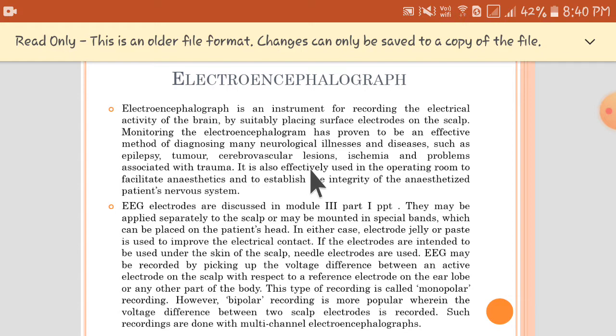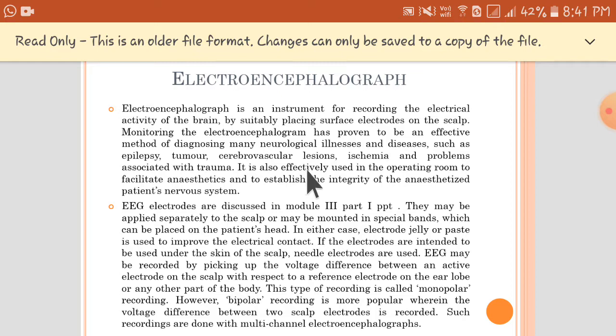Electroencephalograph, or EEG, as we know, is an instrument used for recording the electrical activity of the brain. We can place electrodes on the scalp for taking the measurement, and this EEG signal can be used by physicians for diagnosing many neurological illnesses and diseases such as epilepsy, tumor, etc., and also some problems associated with trauma.